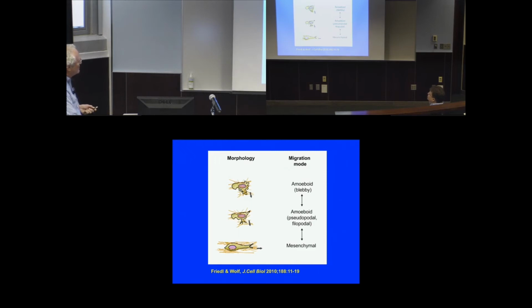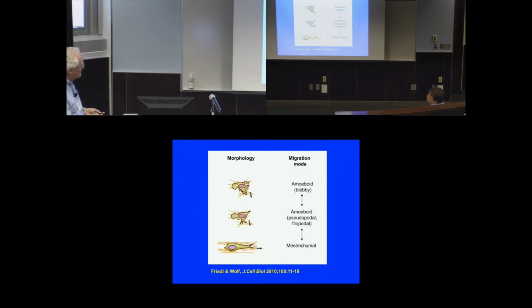But he defines an amoeboid blebby form of locomotion in a three-dimensional matrix as actually not grabbing onto the matrix filaments via integrins or something, but propelling itself through interstices in the matrix, mainly by cytosolic pressure.